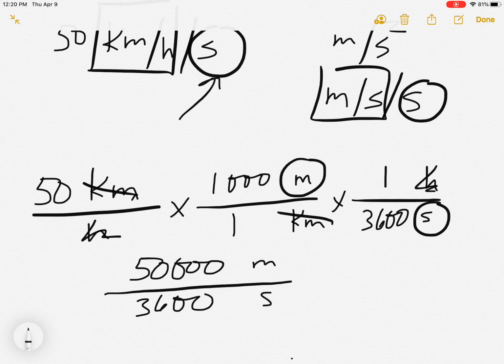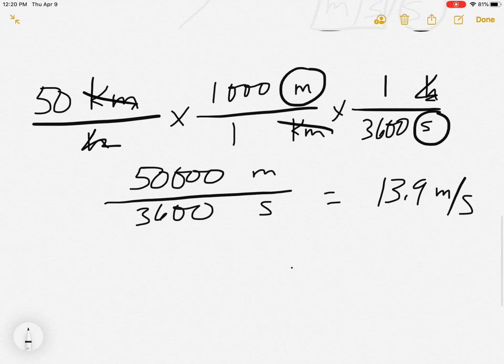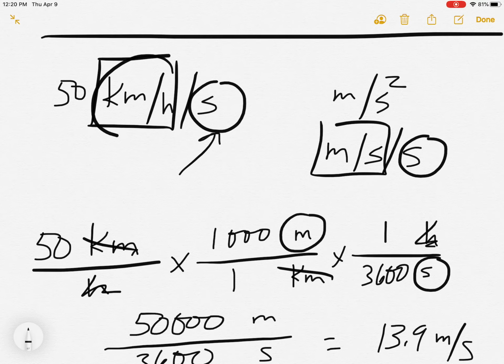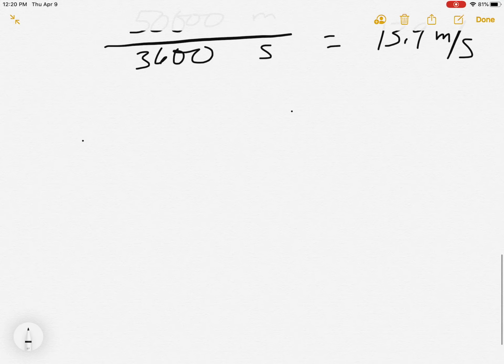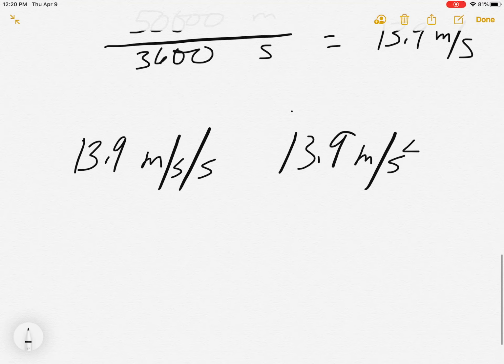These hours and these hours cancel out, and it leaves me with meters per second. So all I have to do is take 50,000 divided by 3,600, and that gives me 13.9-ish meters per second. So that's the top part. So if you go back to here, I've done this part. I also have the bottom, so that's 13.9 meters per second, which is the same as 13.9 meters per second squared.